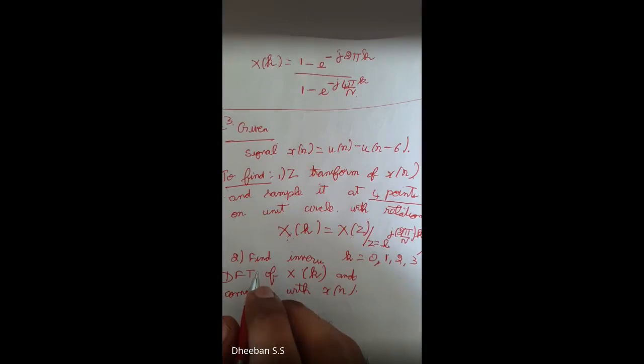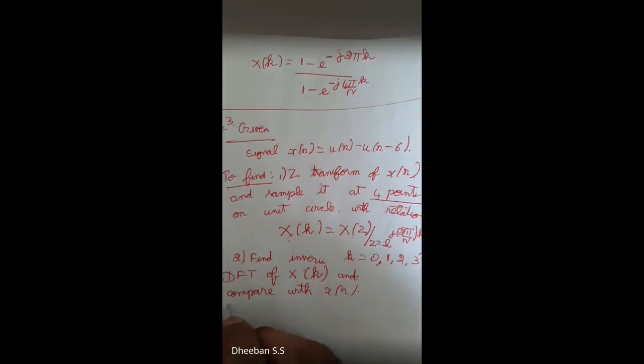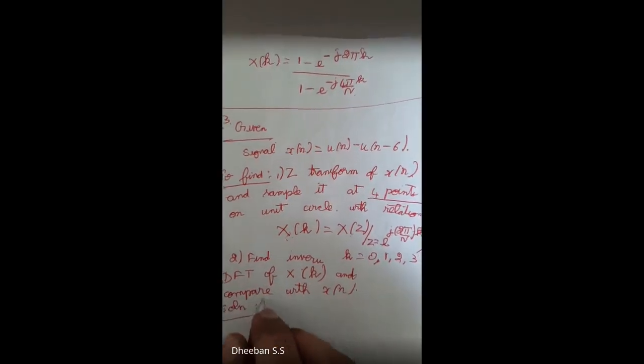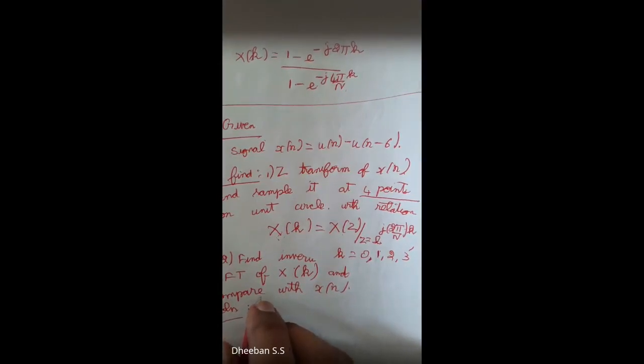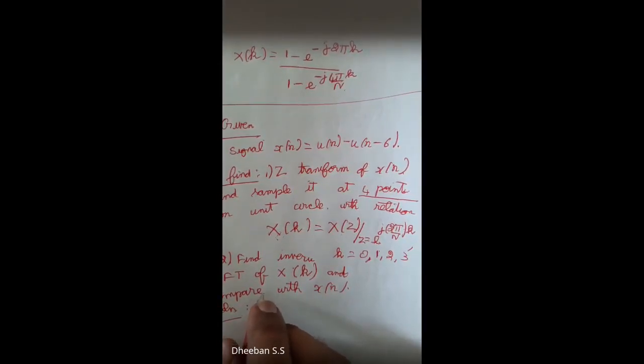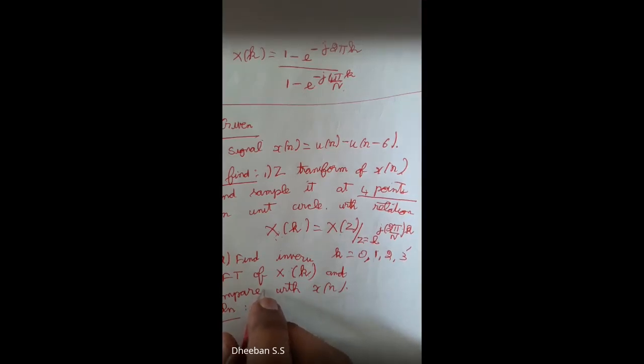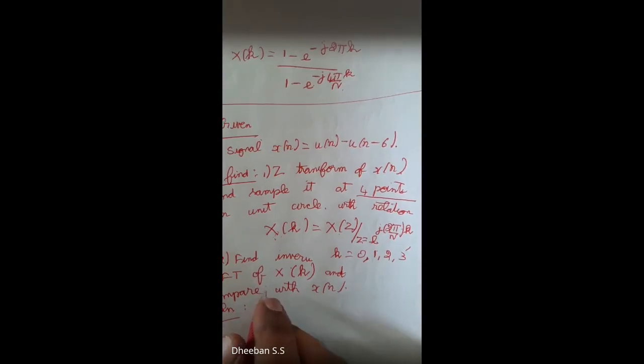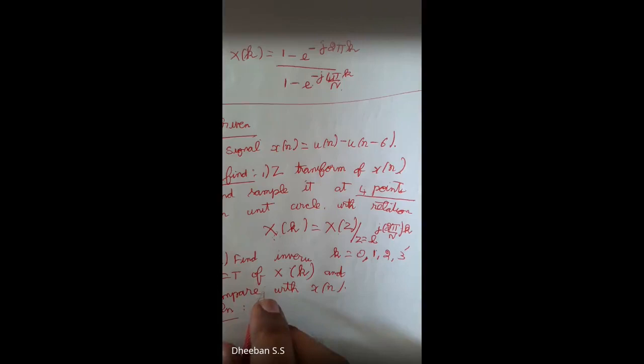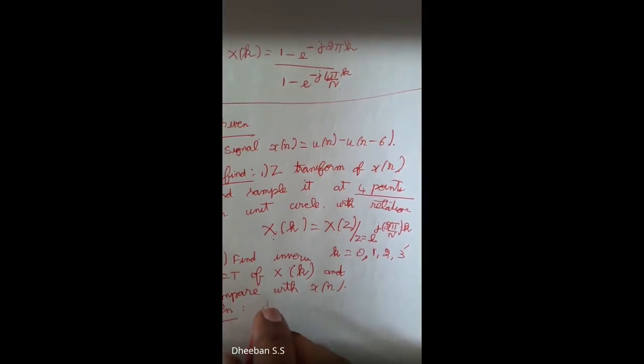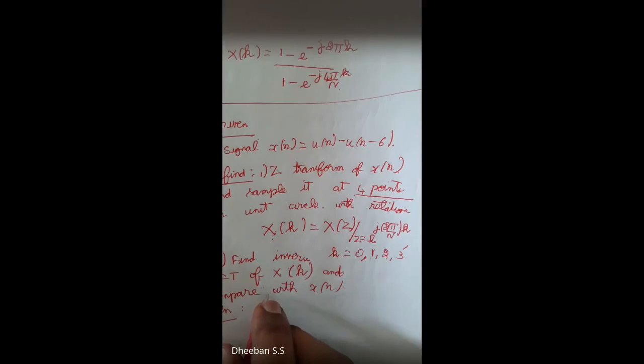Solution. First, you have to find the Z transform. The signal is given, so you find the Z transform, and then sample it for equal intervals.